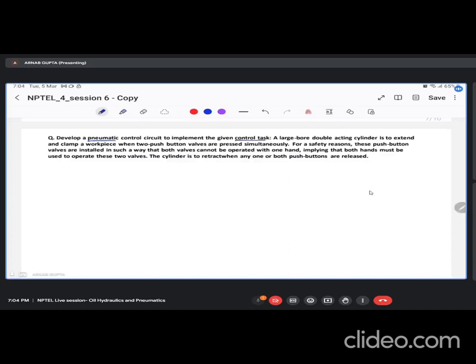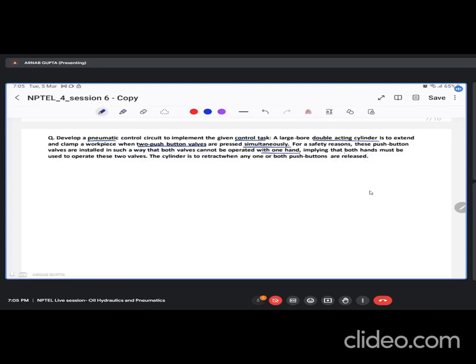So, what is the task? A large bore double acting cylinder is to extend and clamp a workpiece when two push button valves are pressed simultaneously. For safety reasons, these push button valves are installed in such a way that both the valves cannot be operated with one hand. So they are independently operated, and both hands must be used to operate these two valves.